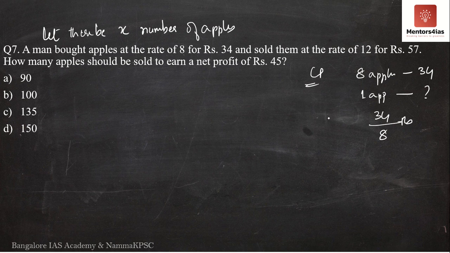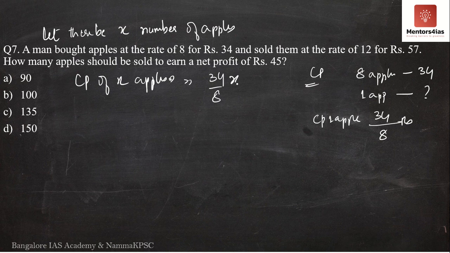This is the cost price of 1 apple. So the cost price of X apples will be 34 by 8 into X, that is 34 divided by 8 times X rupees.